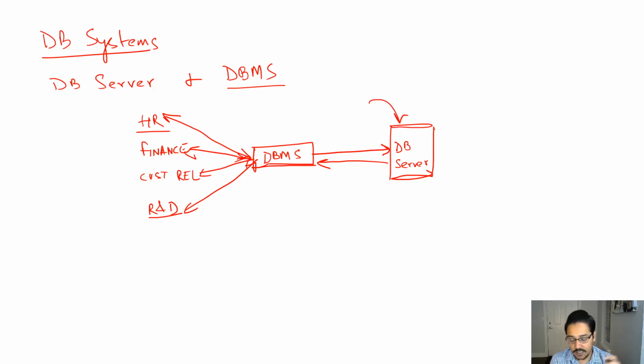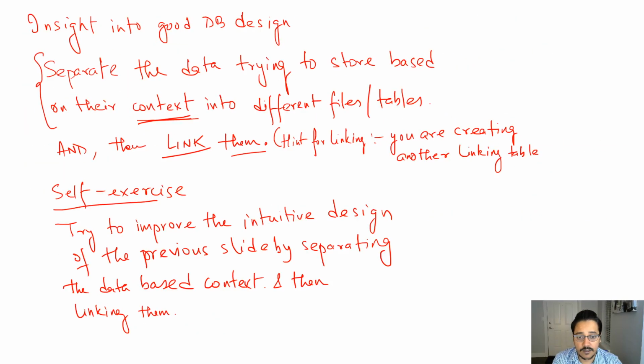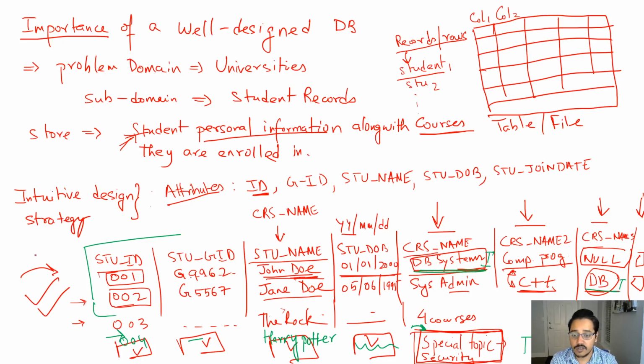So you see, the nature of the architecture addressed some of the problems. But there is still the problem of design issue, because this design issue that we talked about here does not get resolved just because you're using a database, right? So that is why we are learning about this course.